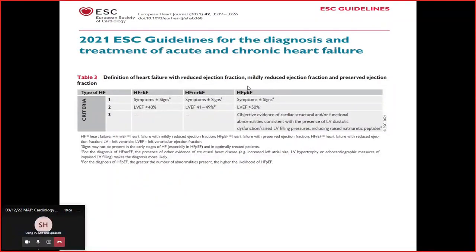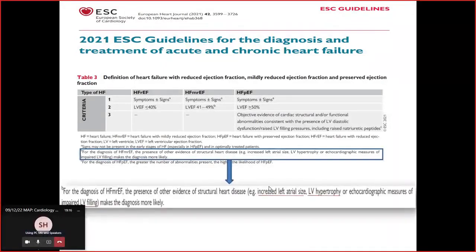But to diagnose heart failure with preserved ejection fraction, you have to have raised natriuretic peptide and evidence of cardiac structural or functional abnormalities. Of course, as we can see in the last patient, there was LV hypertrophy, or increased left atrial size, or echocardiographic measurement suggesting impaired LV filling.